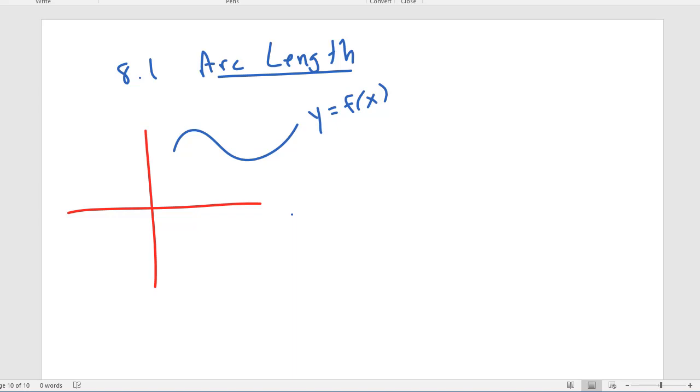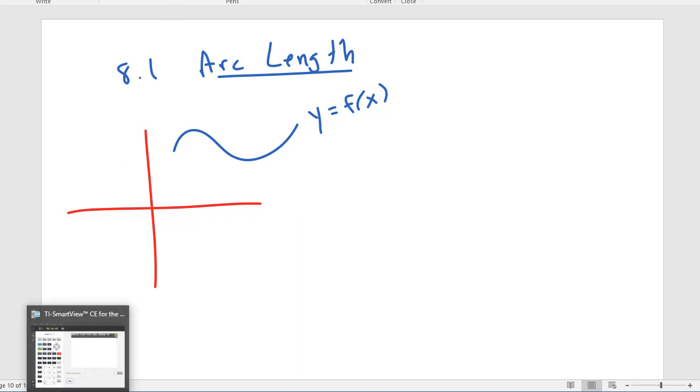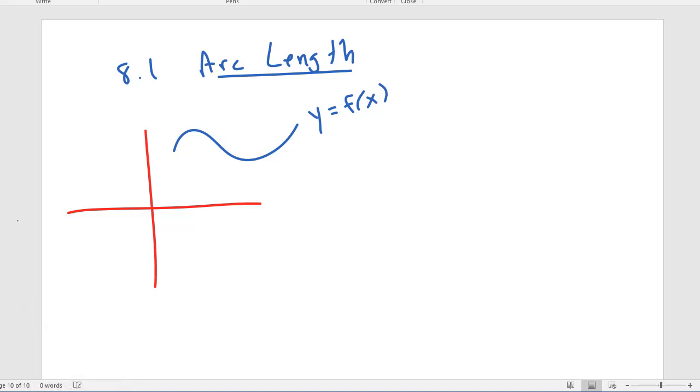This is actually a pretty simple concept, and I'm going to try to exaggerate a couple of things here. To approximate the length of the curve, typically what we would do is break the curve into line segments. So for example, let's say I pick this point and this point on the curve, and I approximate the curve with that line segment.